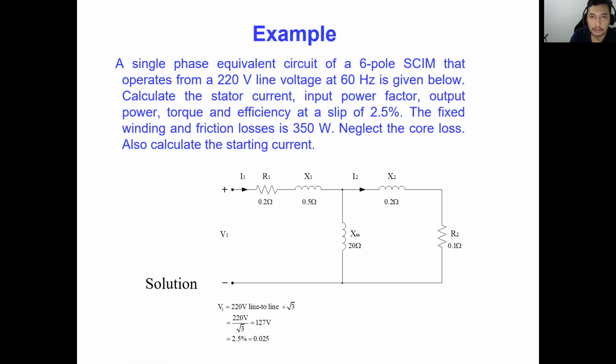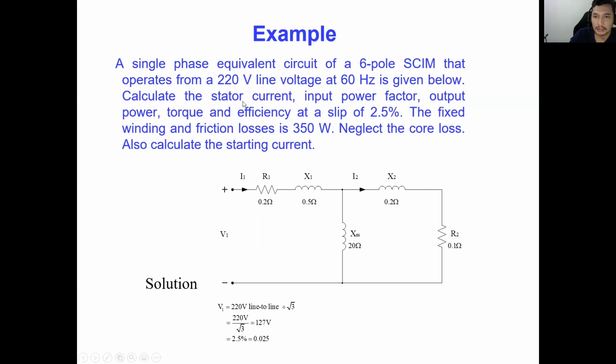Okay, and then we go for an example. A single phase equivalent circuit of a 6-pole induction motor that operates from a 220 volt line voltage at 60 Hz is given below. So the stator parameters and also the rotor parameters have been given.